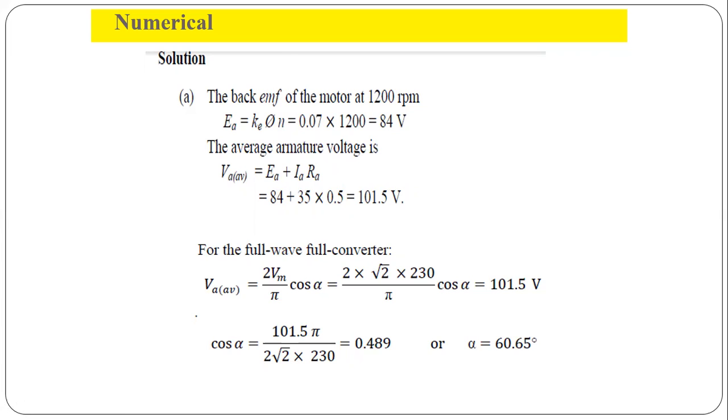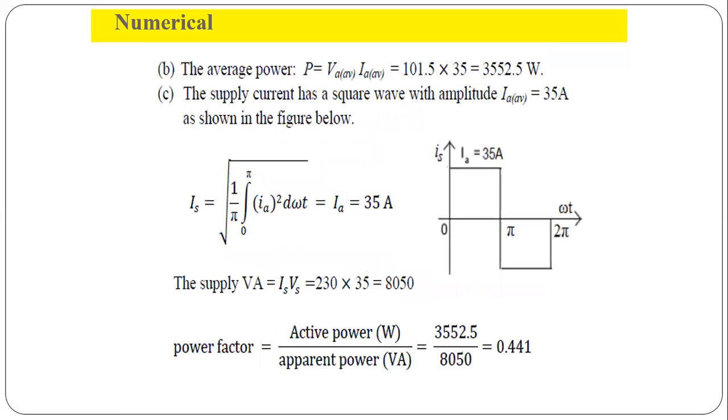You can put the value in this formula and find the average output voltage. But in this case, we already know the average output voltage, and we require the firing angle alpha. So we can rearrange it and find cos alpha, and we get alpha as 60.65 degree.